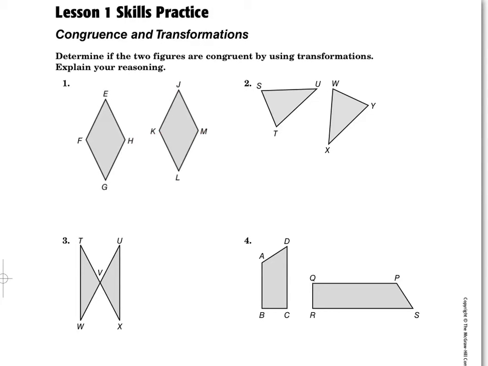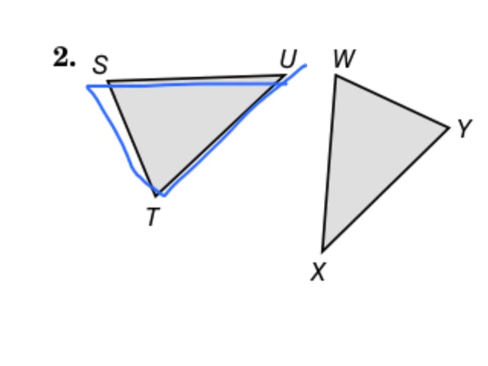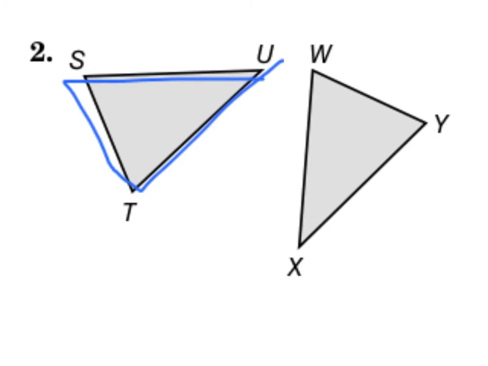We'll go look at number two. Number two, you need to be able to see how you get from one shape to the other. So if we take a look at UST here, this triangle, what can we do to triangle UST to get it to be exactly like triangle YWX?